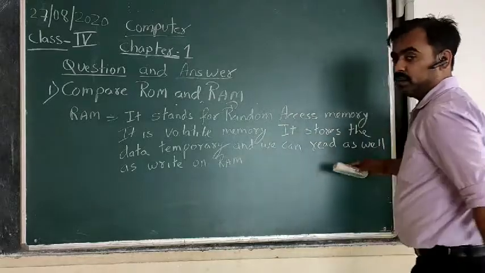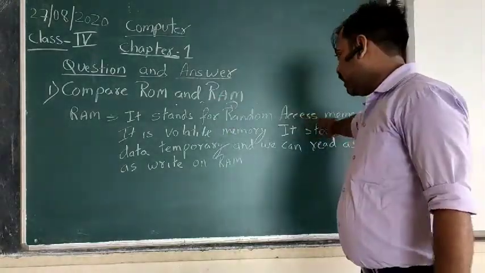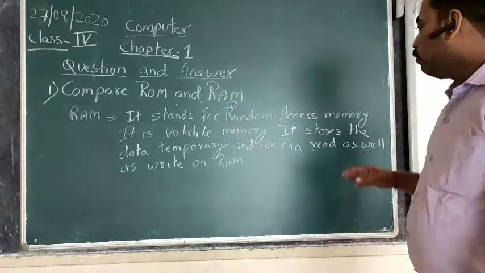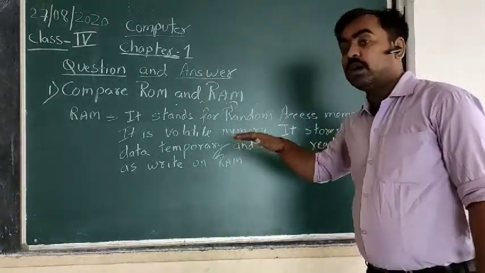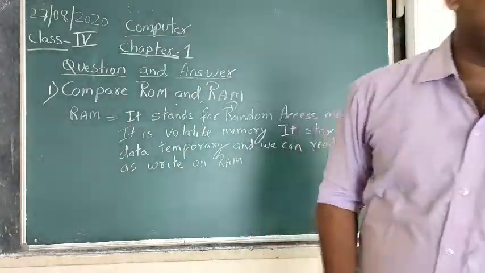The RAM stands for random access memory, and it is a volatile memory. It stores the data temporarily, and we can read and write the data on the RAM.